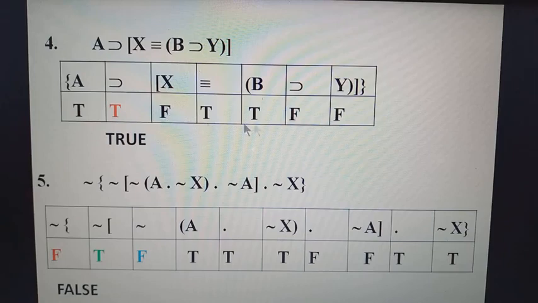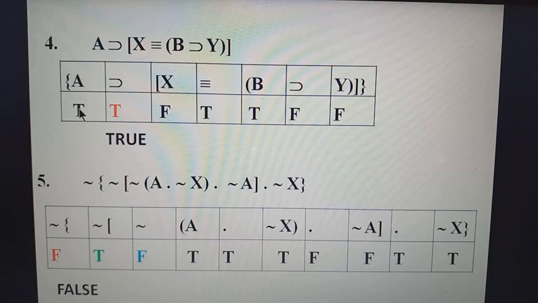So you combine everything here with this to get this. It's a conditional sign. So we have A conditional everything here. A is true and everything here is true based on the value of the logical equivalence here that covers the whole of this bracket.